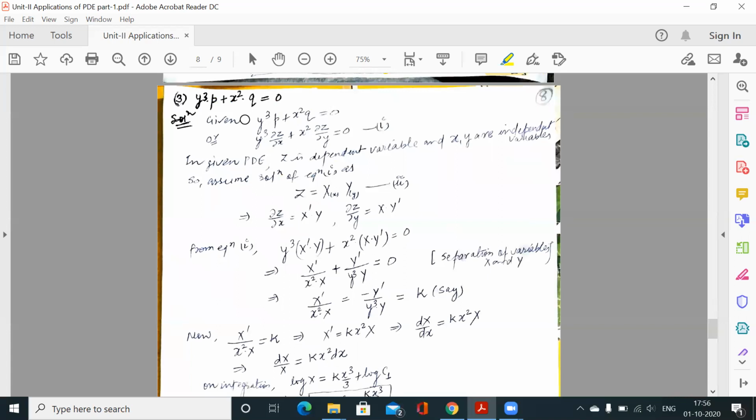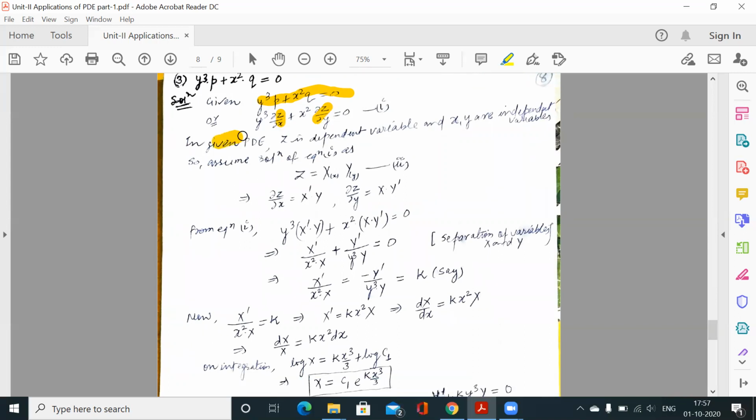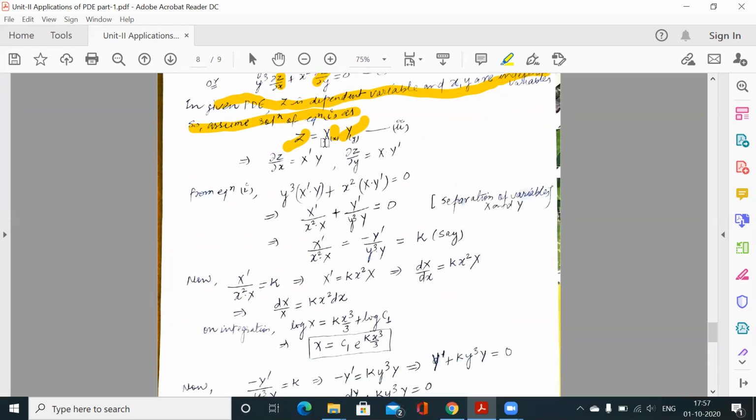Here also, this is y cube p plus x square q is equal to 0. So p is del z over del x, q is del z over del y. In the given PDE, z is the dependent variable, x and y are independent variables. So assume the solution as z is equal to one function of x times one function of y, because here we have two independent variables, small x, small y. So this is our assumed solution.